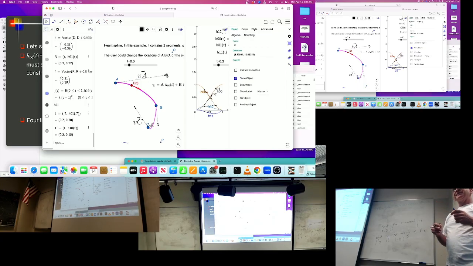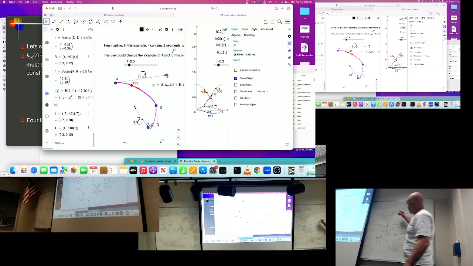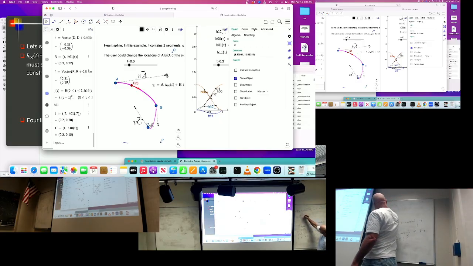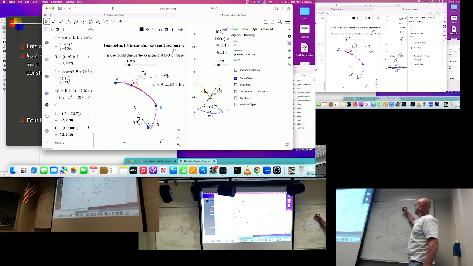How do I measure the velocity in general? I'll take delta t that is very small, and I am looking at gamma of t plus delta t, this is the location, minus gamma of t, this is the location as well. So along the curve, this is gamma of t plus delta t.